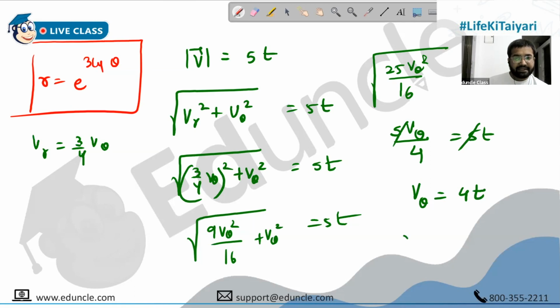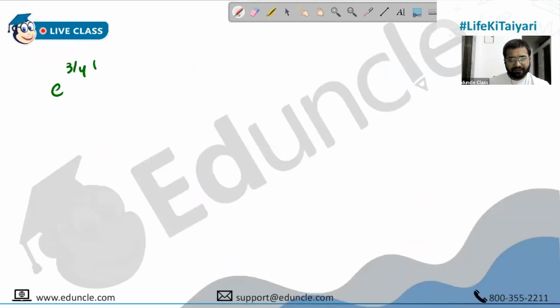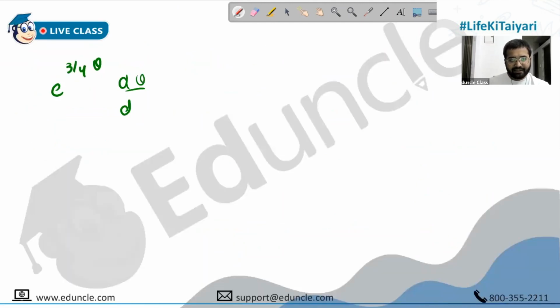What is v theta? R theta dot. This is 4t. So what is theta dot? D theta by dt. This is 4t. And what is r? E raised to 3 by 4 theta. Outstanding. So e raised to 3 by 4 theta, that's r, times d theta by dt, is 4t.